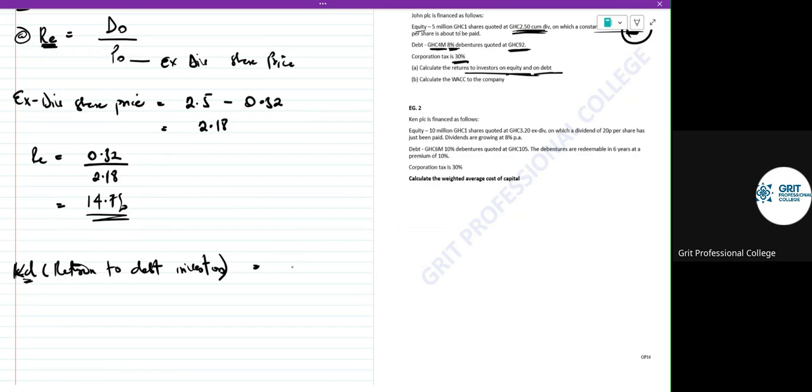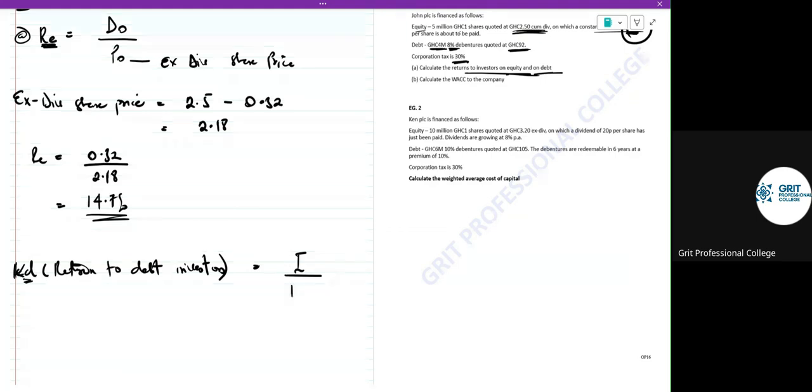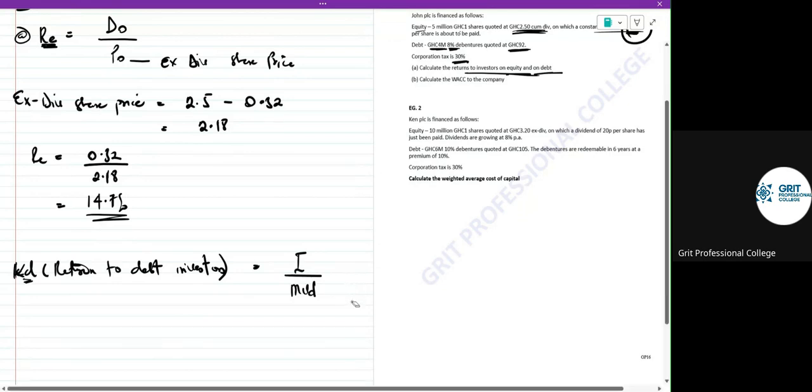Now, to find the return to the debt investors, the formula will tell you that it is your coupon, right, which is the interest, over the price of the debt, right, which is the MVD, or the book will say P0, or the price of the debt, whatever it will be, right?